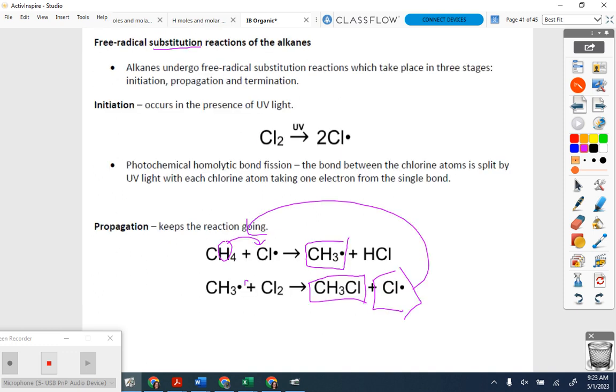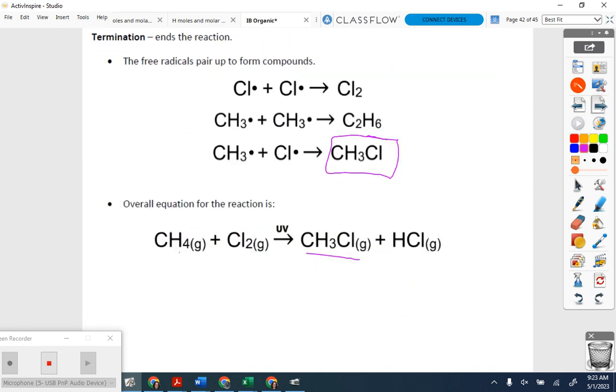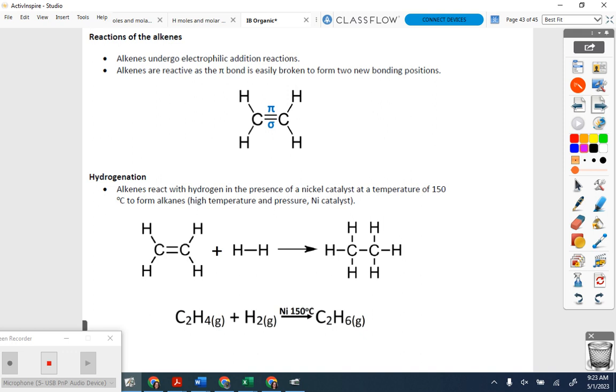So alkanes only have single bonds between carbons. Alkanes are called saturated hydrocarbons because there are no double bonds. An unsaturated hydrocarbon would be something that has a double bond. Okay?